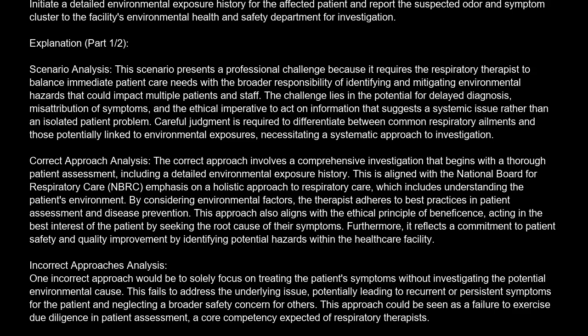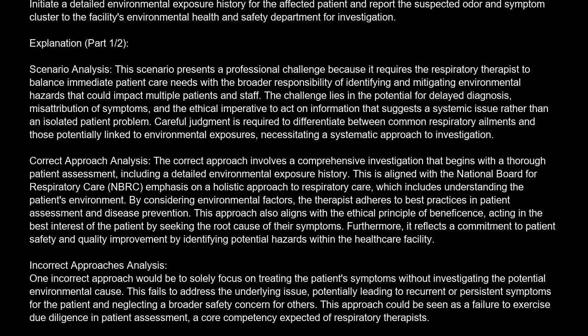Careful judgment is required to differentiate between common respiratory ailments and those potentially linked to environmental exposures, necessitating a systematic approach to investigation. Correct approach analysis. The correct approach involves a comprehensive investigation that begins with a thorough patient assessment, including a detailed environmental exposure history. This is aligned with the National Board for Respiratory Care, NBRC, emphasis on a holistic approach to respiratory care, which includes understanding the patient's environment.